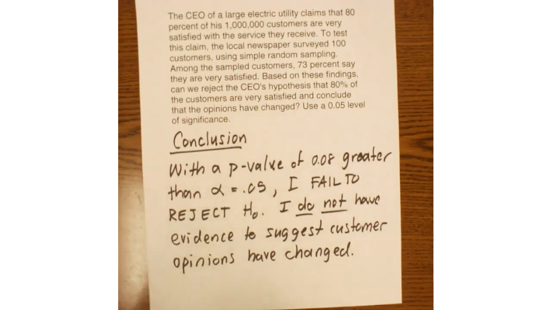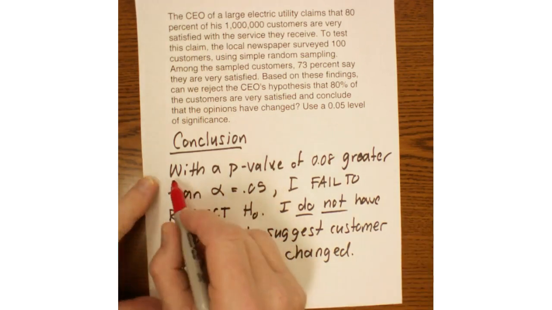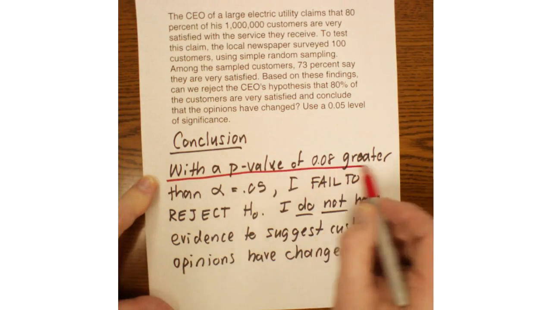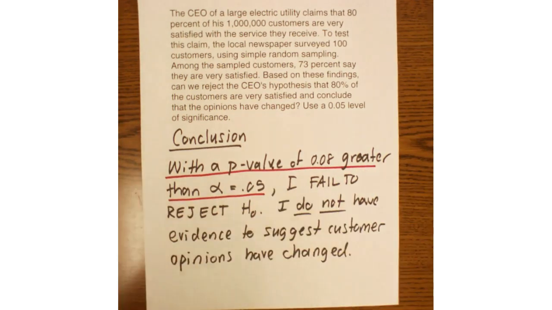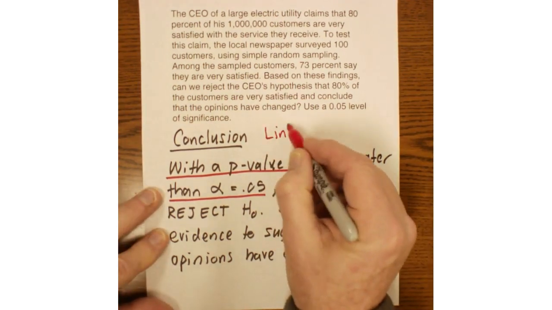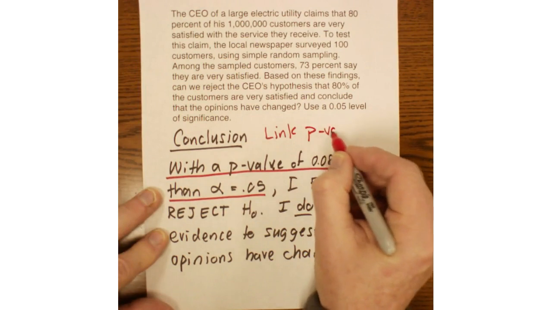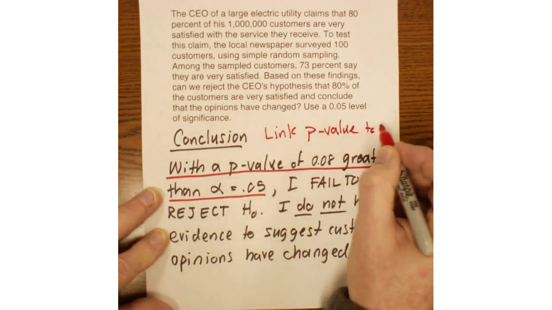So our conclusions. With a p-value of 0.08 greater than our alpha level of 0.05. This is called the linkage statement. We'll practice more this week on writing that statement. You're trying to link your p-value to the alpha level.